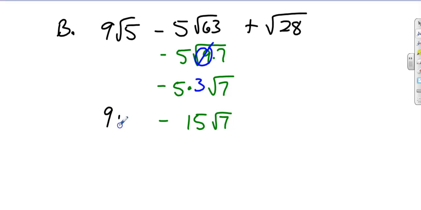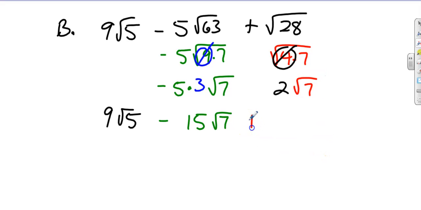Okay, again, we couldn't do anything with this 9 square root of 5, so it'll stay just like it is. With square root of 28, again, 5 is not going to work, so in this case it's 7. If you break it down, it's 4 times 7. That square root of 4 comes out to make it 2 square root of 7, so this comes out to be plus 2 square root of 7.